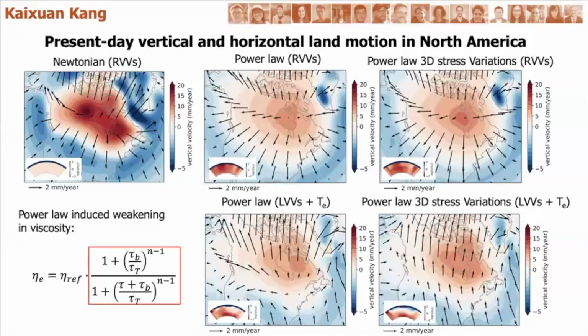So this means the signal caused by this ice change in the late Pleistocene almost relaxes by the present day. So the remaining signal for the vertical and horizontal motion is much less than in the Newtonian model.